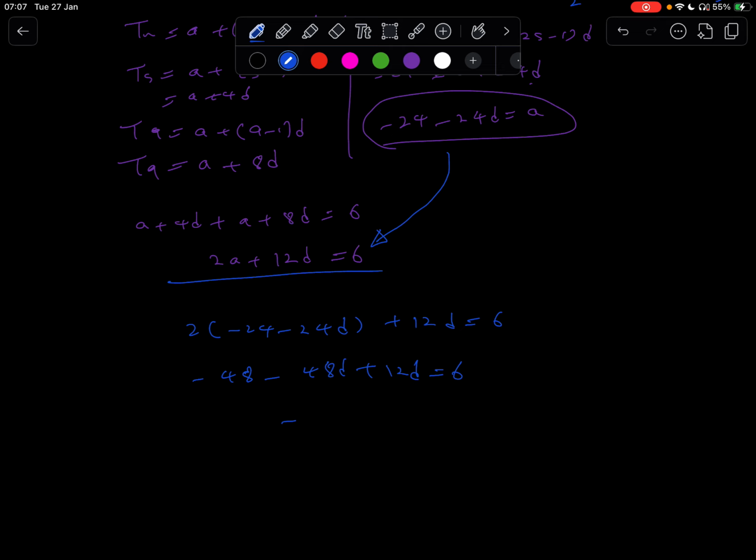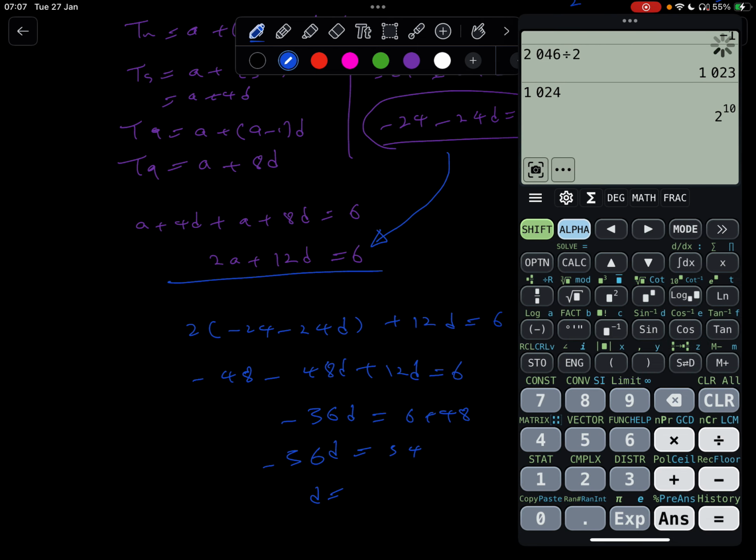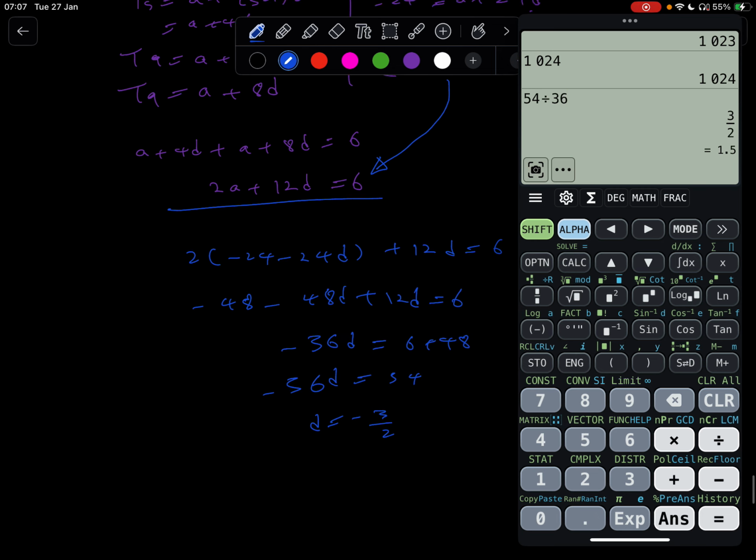And then we're going to say negative 36d equals 6 plus 48, 54, and then d equals 54 divided by 36, which is -3/2.